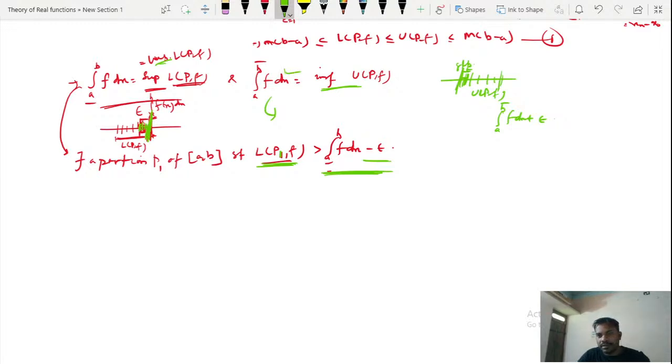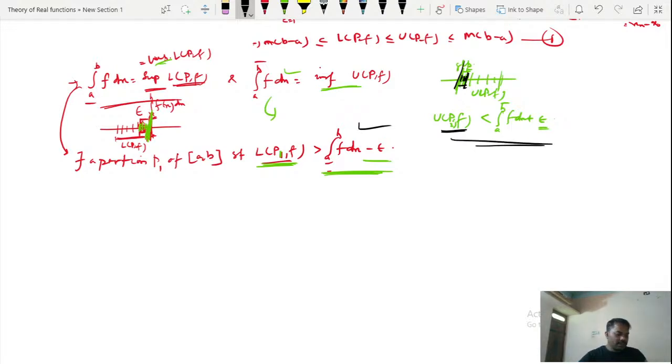So if you go epsilon units towards the right, then this thing is less than UPF. That means there exists a partition P2 such that UP2 lies in between this line and this epsilon distance, in between this thing UPF lies.